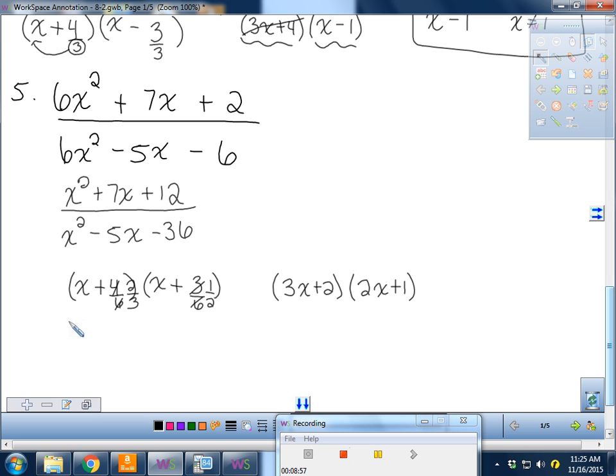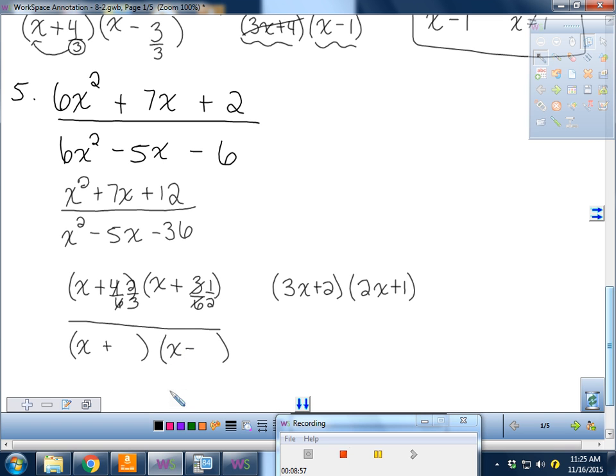Now I need to do the same thing with the bottom. So I will multiply. I've got a minus, which means I'll have a plus and a minus, and an x and an x.